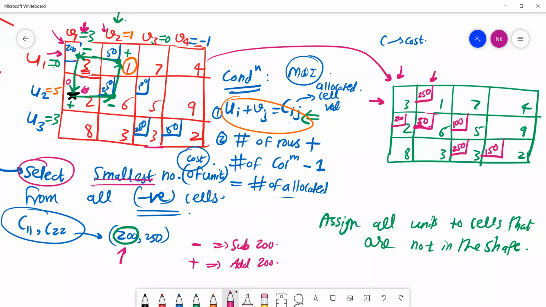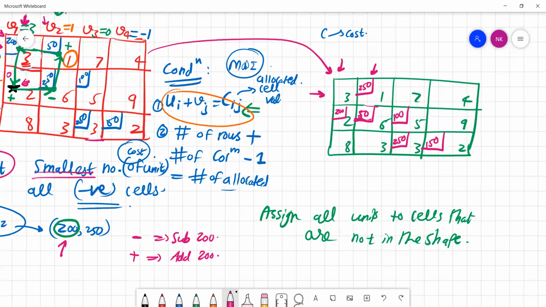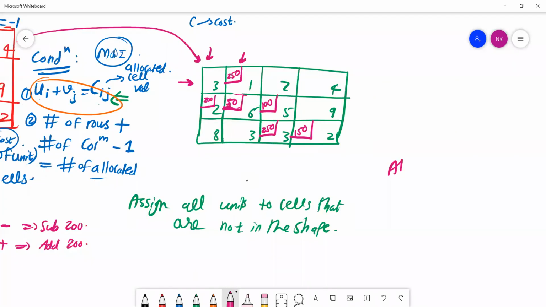The cost price of 1 is lower, so we should be increasing the number of units. This is what is being done in this UV method. You continue the same process till all the penalties are non-positive, that is, either 0 or negative.